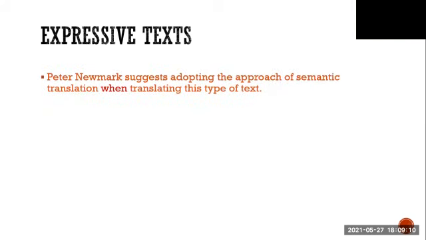Now, of course, again, Peter Newmark, this is a name that you will hear a lot during this course. Peter Newmark suggests adopting the approach of semantic translation when translating an expressive text. Now, because it is an expressive text, because it expresses something, we have to stick to the feelings and emotions of the source author.